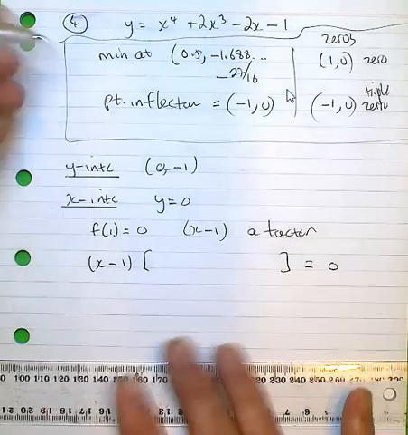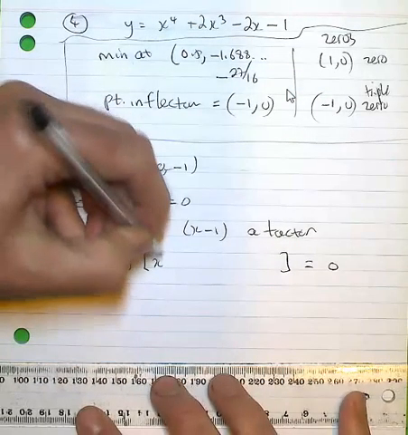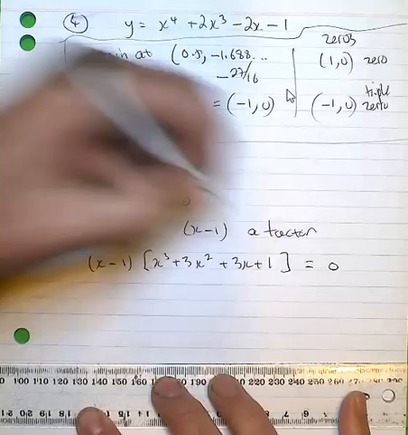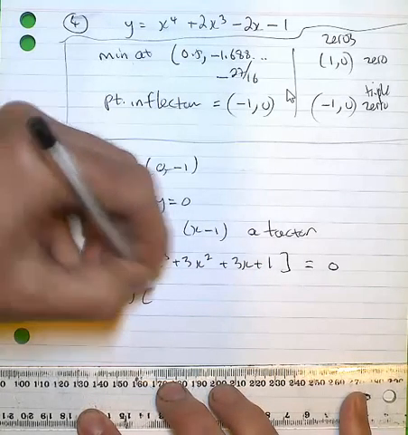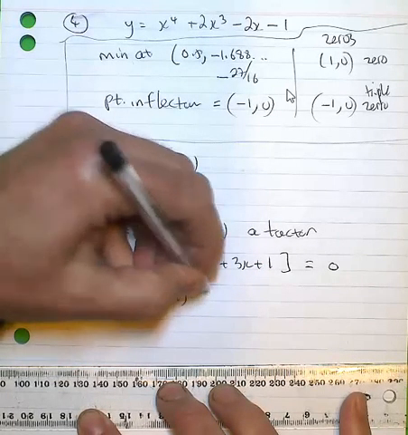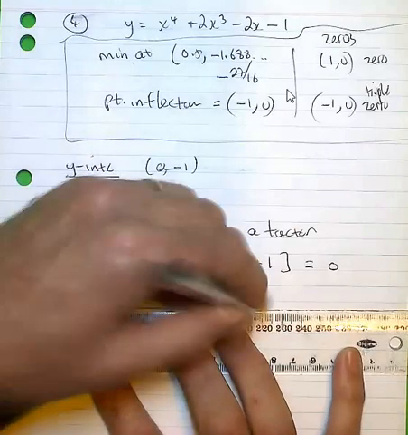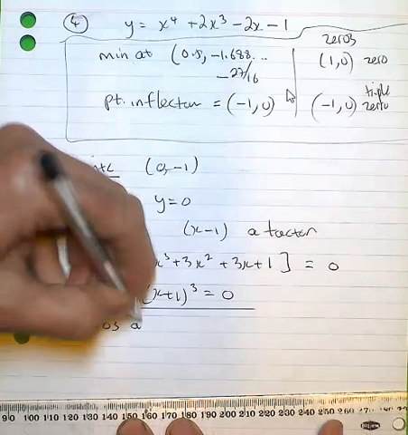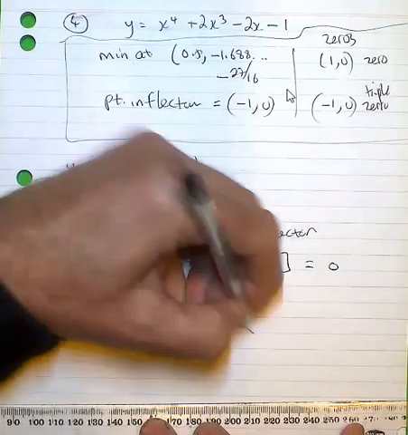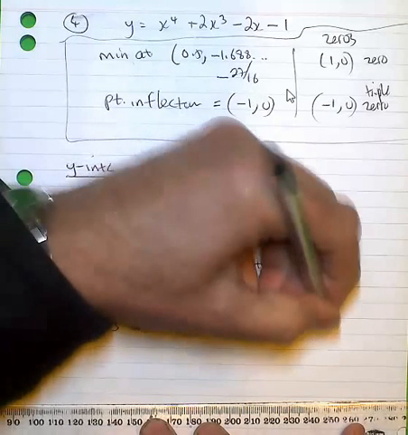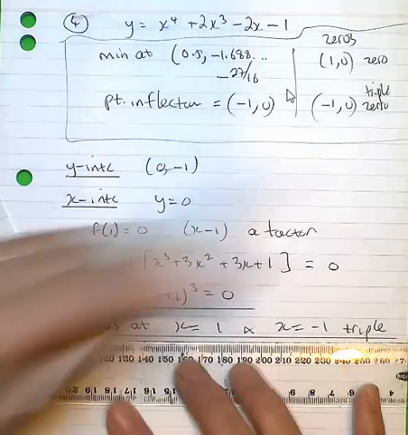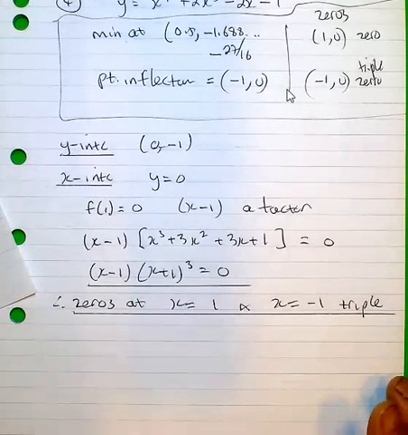So I'm solving for when y is equal to 0, and I'll end up with x cubed plus 3x squared plus 3x plus 1. And I'm hoping you can identify that that's x plus 1 all to the power of 3, equal to 0. So therefore I'm going to have zeros at x is equal to 1 and x is equal to negative 1, a triple, that point of inflection. So I'm a fair way into the problem now.